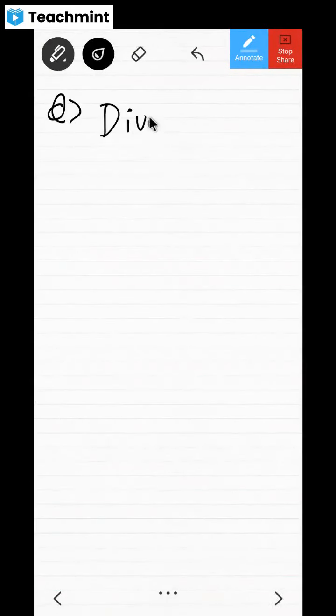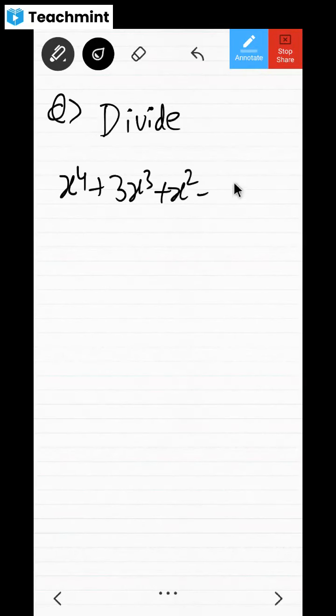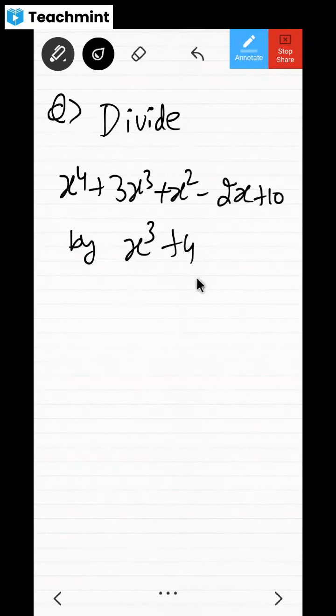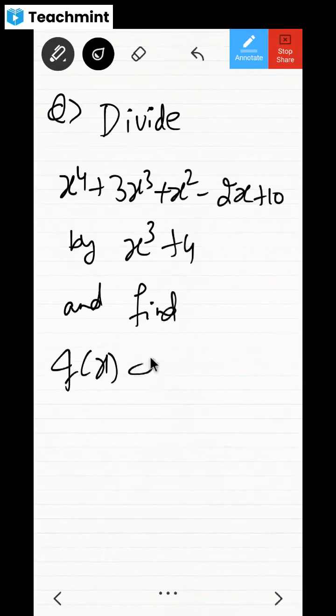Divide x to the power 4 plus 3x cube plus x square minus 2x plus 10 by x cube plus 4 and find the quotient, find q of x and r of x.